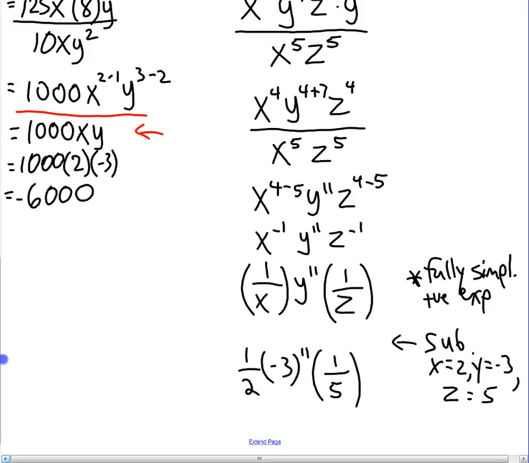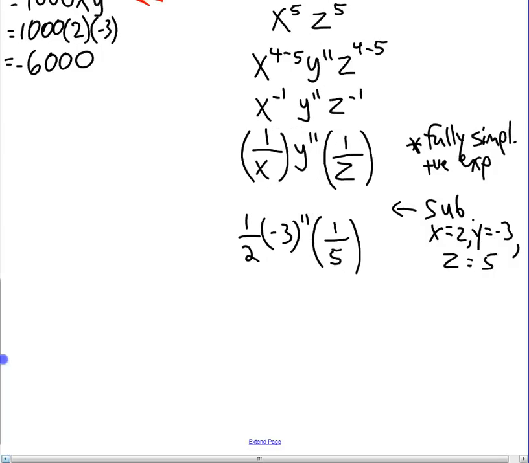So we have a half times a fifth is a tenth, and -3 to the exponent 11. Because the exponent is odd, the answer will be negative, and that's one of those properties of exponents that when you multiply something an even number of times, it'll always be positive. If it's negative and you're multiplying it an odd number of times, the sign stays negative.